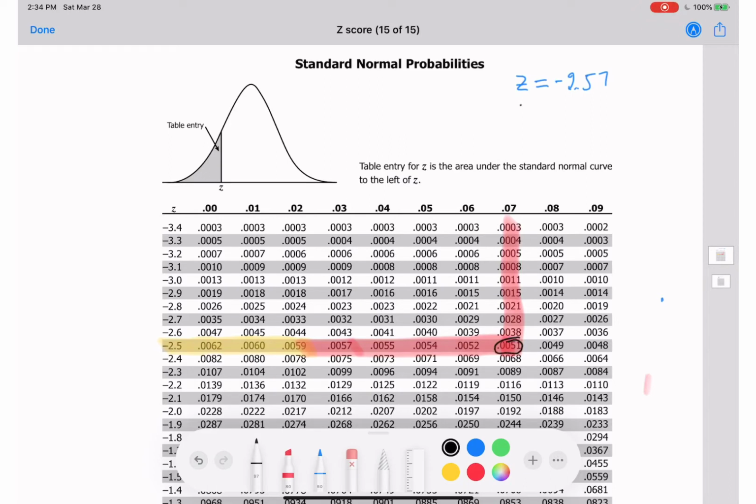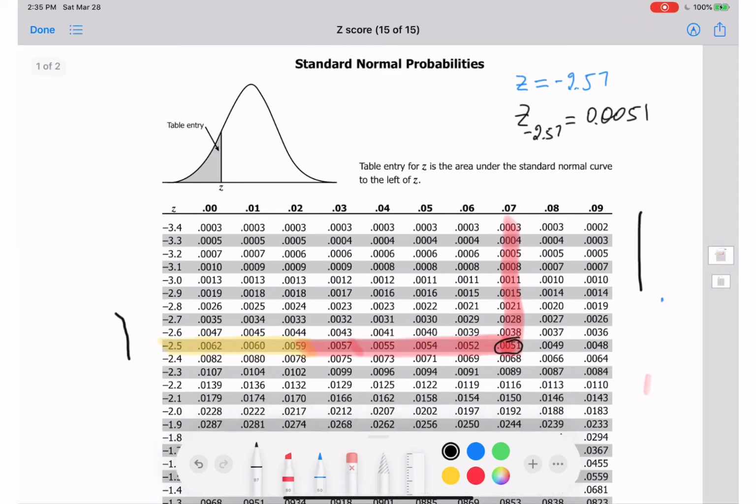So the z-score for negative 2.57, we can put equal to 0.0051.